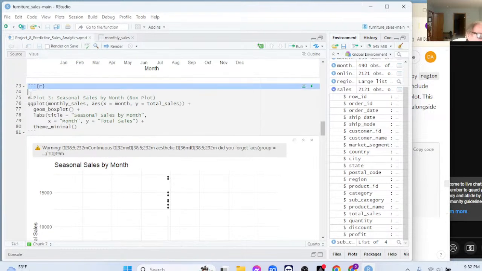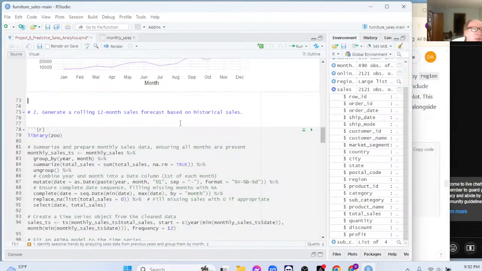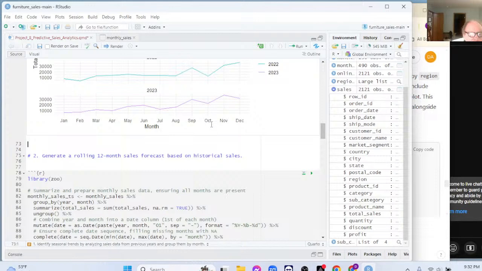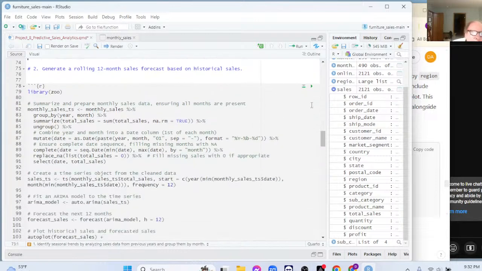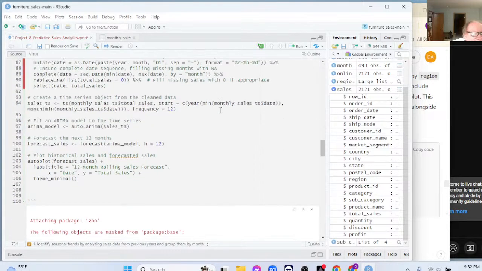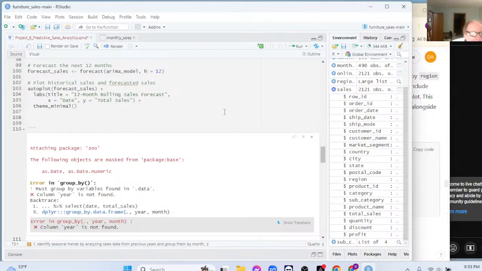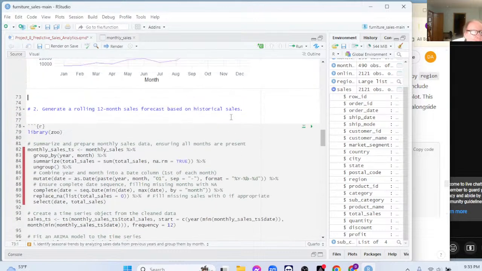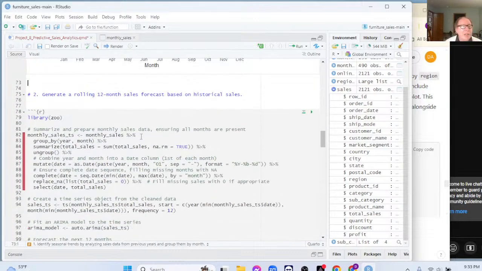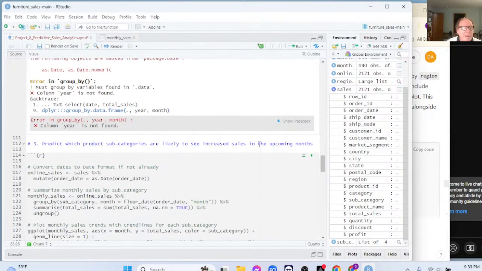That says plot 3, and that's not question 3, that's plot 3. Okay, good. There. That's probably because I have to go back up and run it again.